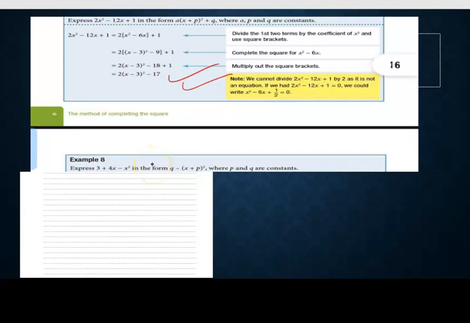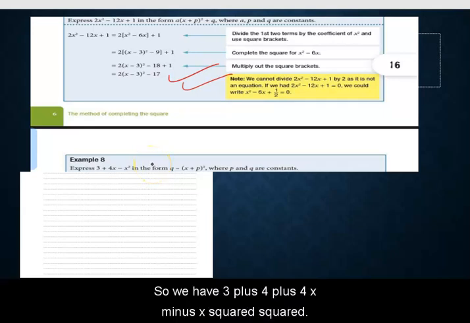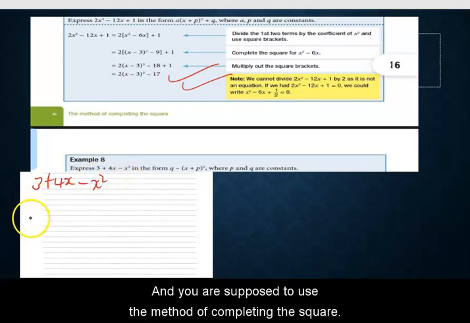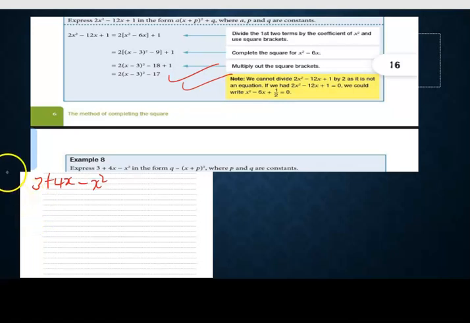Example 8. So we have 3 plus 4x minus x squared. And you are supposed to use the method of completing the square.